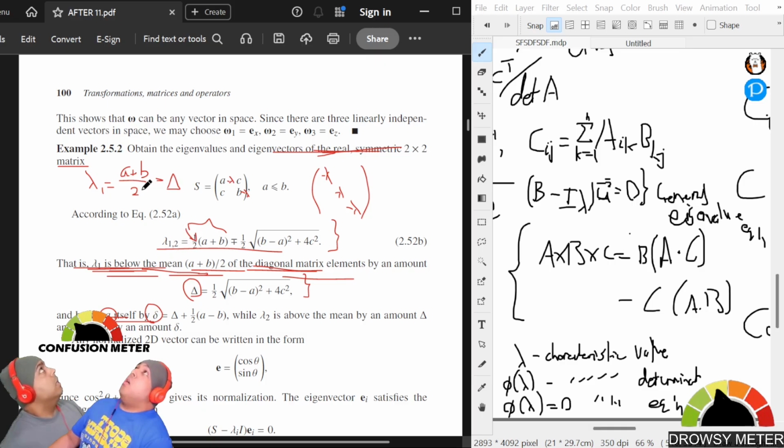Lambda 1 equals A minus something, A minus delta. They're saying this is the case. Delta is triangle plus half A minus B.